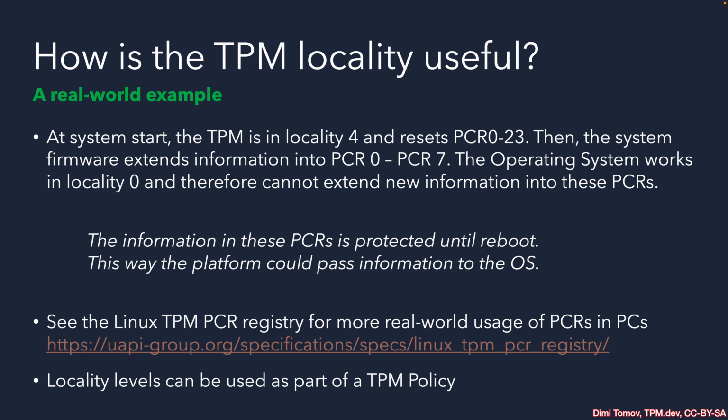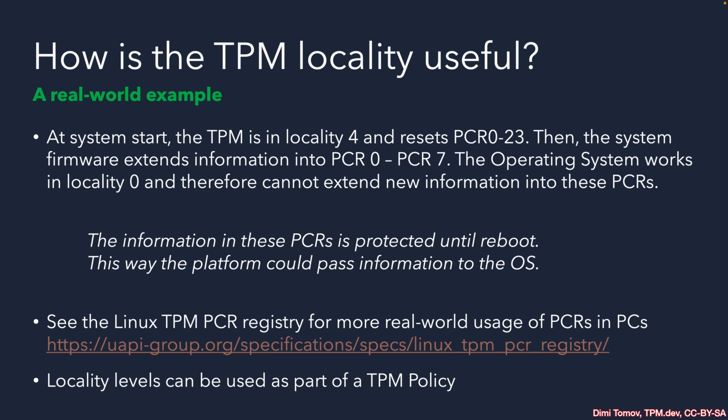At system start, the TPM is in locality 4, and the CPU will instruct the TPM to perform a TPM2 startup. Of course, it is the UEFI BIOS code that will send the instructions, but the host is the CPU that sends the commands to the TPM. In turn, the TPM will reset all 24 PCRs from number 0 to 23, along with other initialization steps.